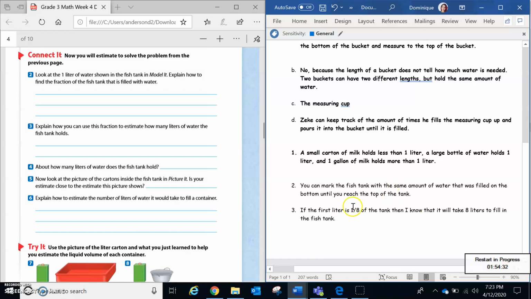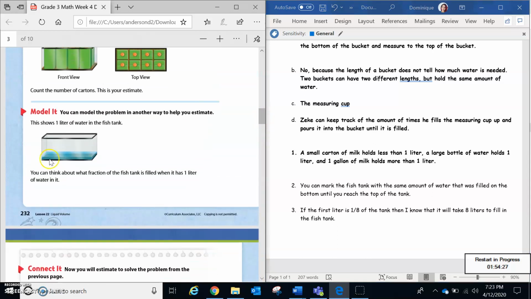Because again, if it takes 8 equal parts or 8 liters to fill it up, this is 1 of those 8 liters.